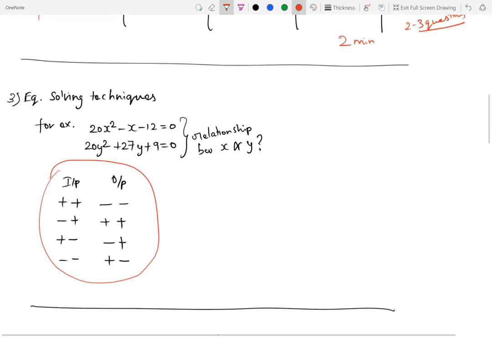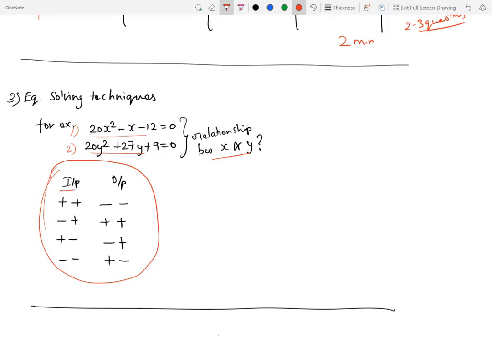The next one is equation solving techniques. We may experience this kind of problem in the competitive exam, where we will be given 2 equations and asked to find the relationship between x and y. What we have to do is remember just these 4 steps.